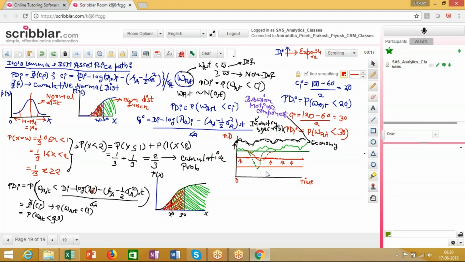Okay. Now comes the next part. So one thing that we can see from here is that an obligor with a greater asset size is a less risky borrower, a less risky firm.